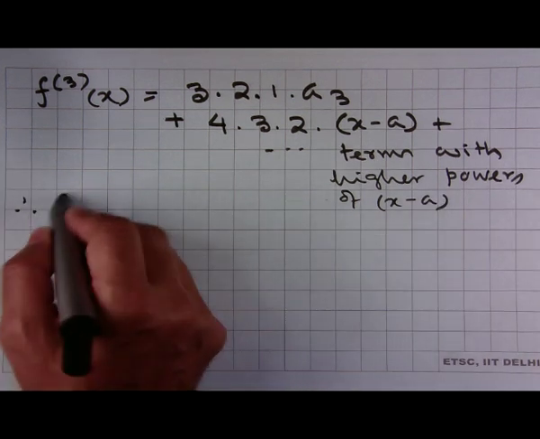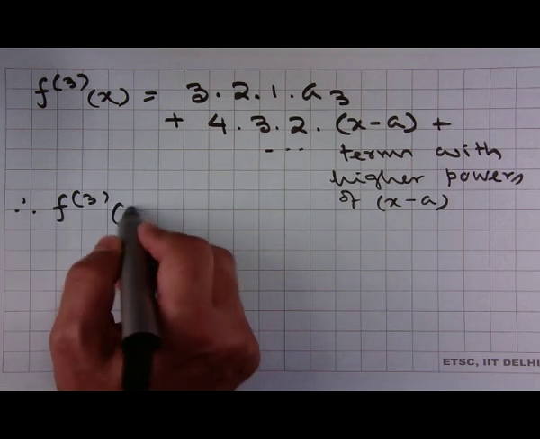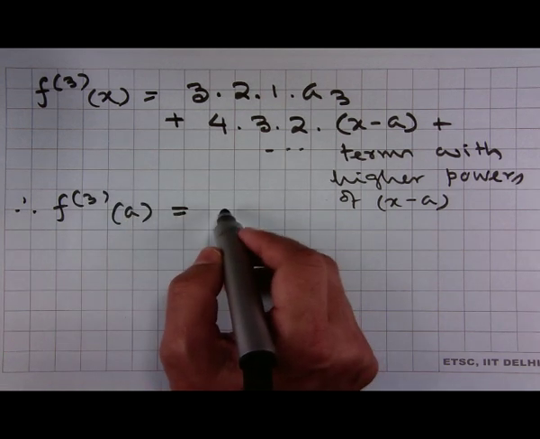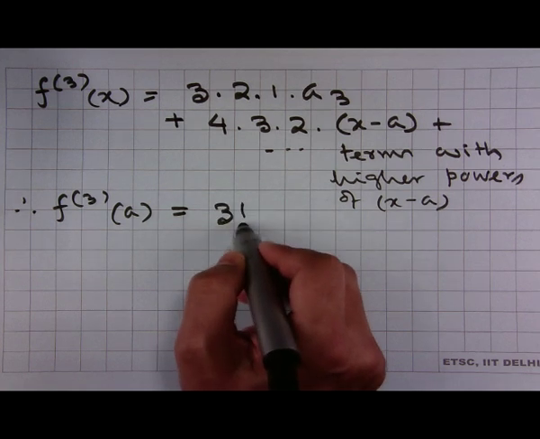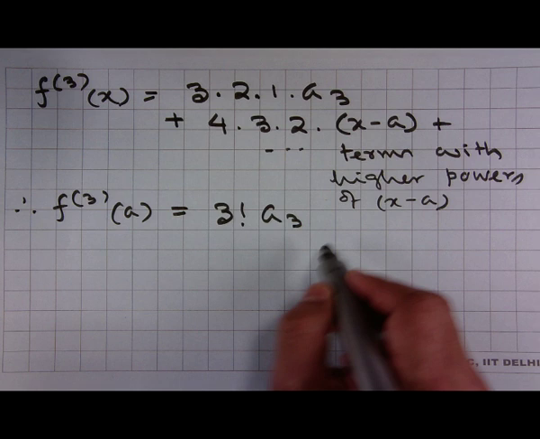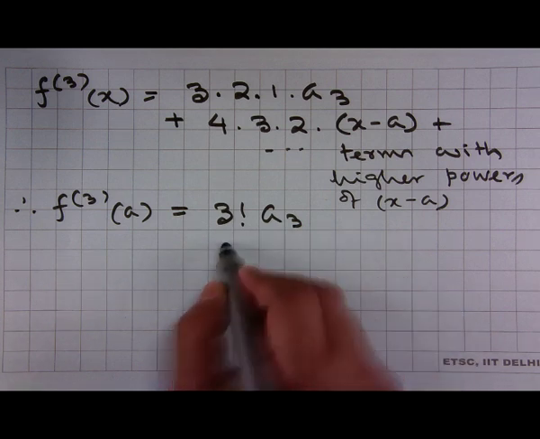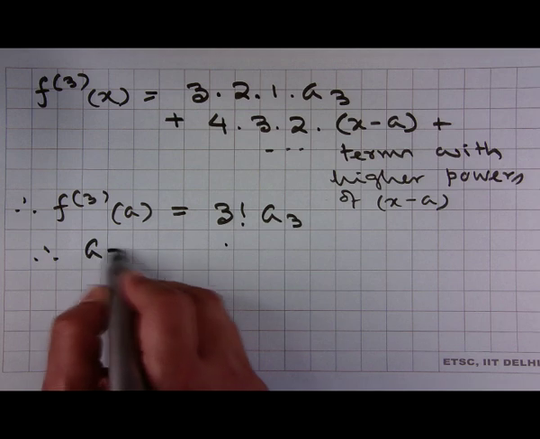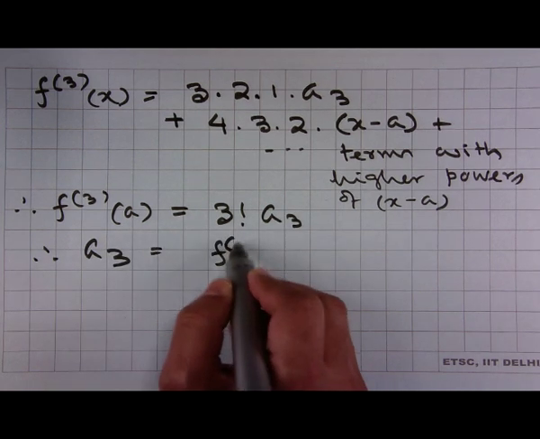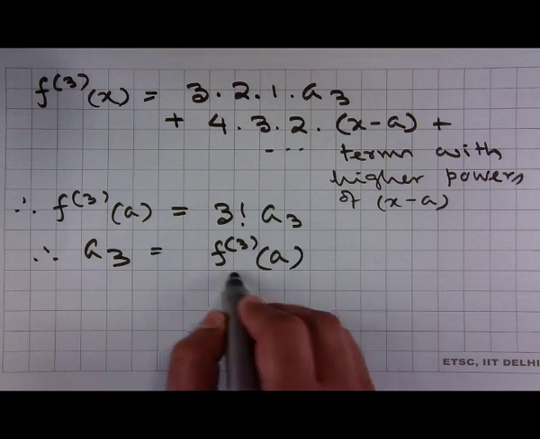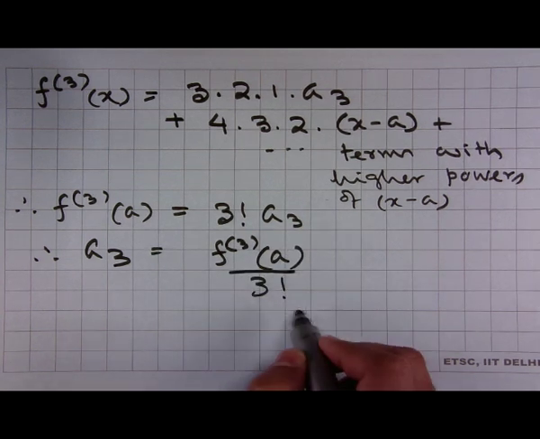Therefore, f³(a) is equal to 3 factorial times a3. Therefore, a3 is equal to f³(a) upon 3 factorial.